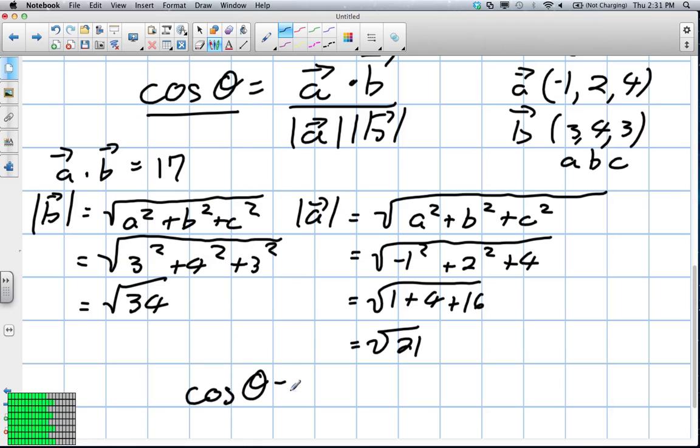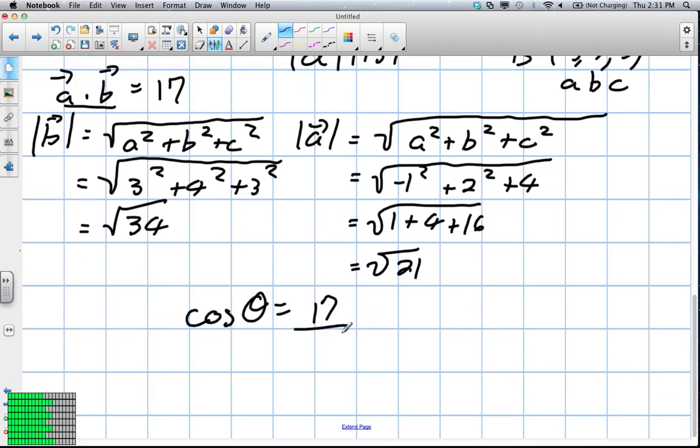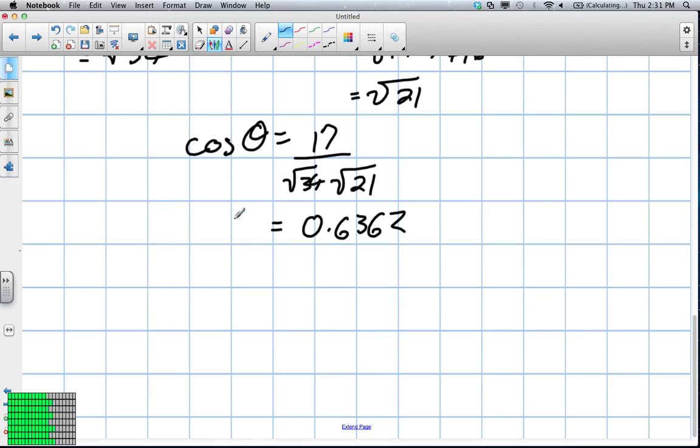Cos theta is equal to, we knew the dot product of A and B was 17, divided by root 34 times root 21, which is going to give us 0.6362.